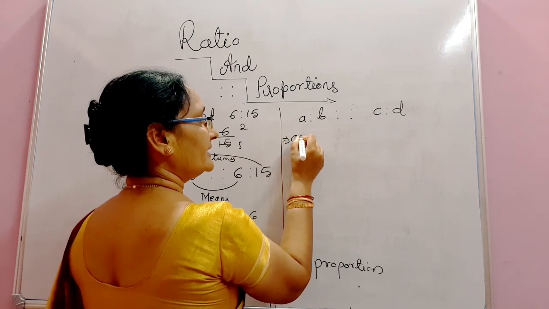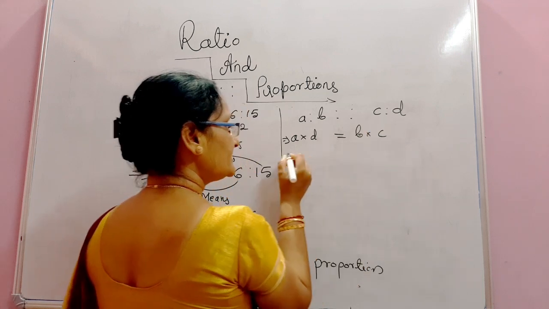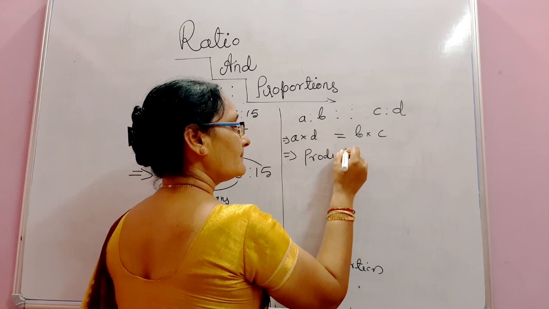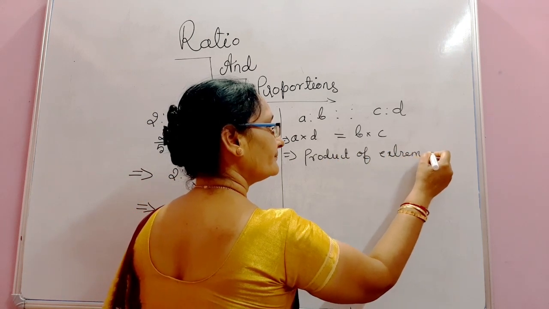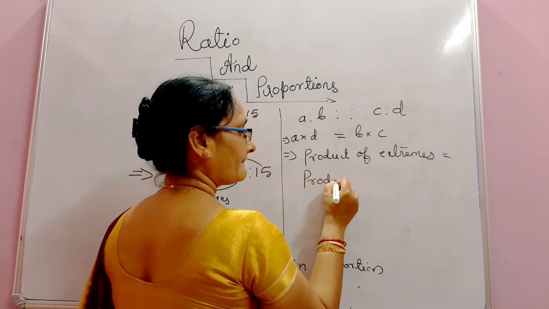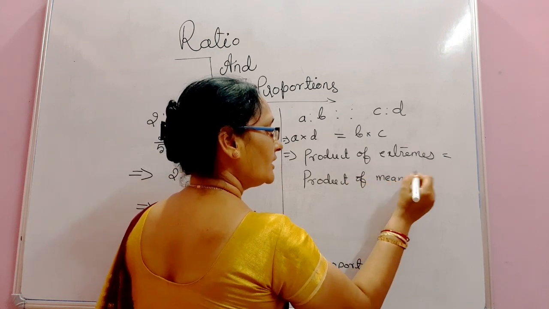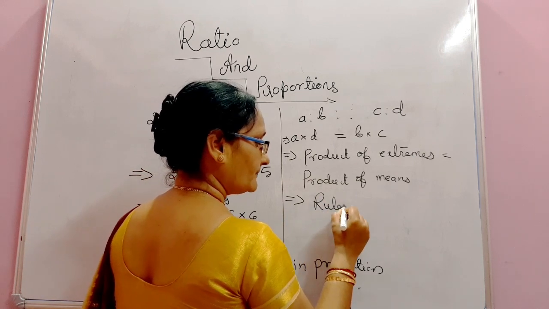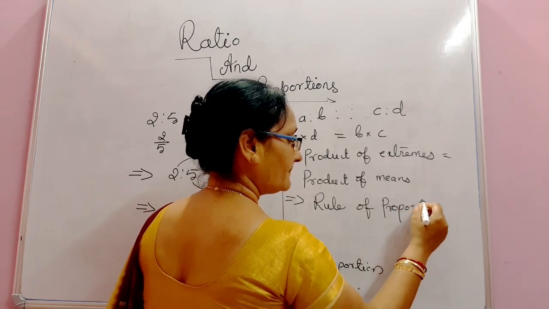This implies A into D is equal to B into C. This implies the product of extremes is equal to the product of means. This is the rule of proportion.